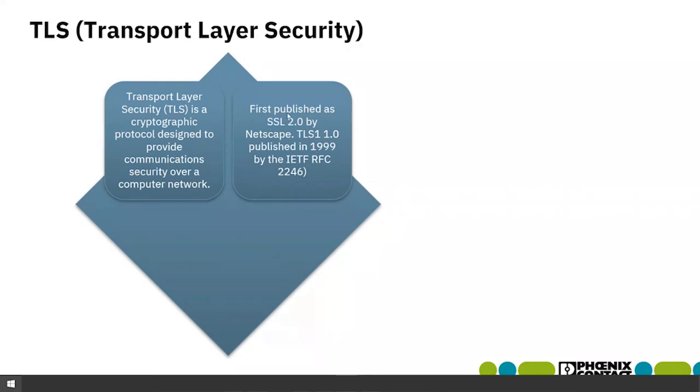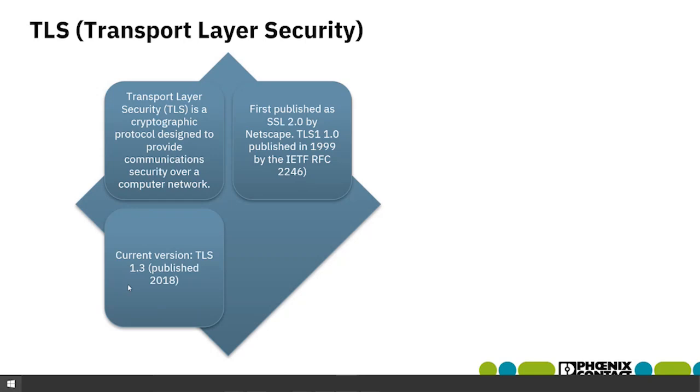It was released by Netscape. The company also published the very first web browser that was available, I think. I'm not sure if they're still on the market. They developed the protocol. The current version now is version 1.3, which was published in 2018.